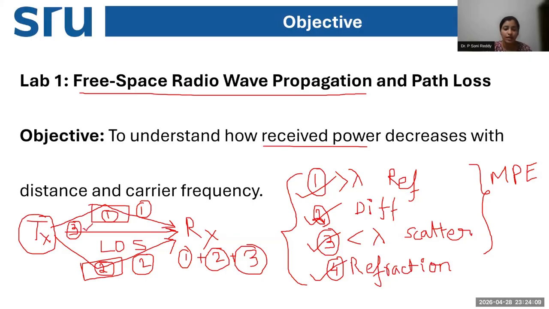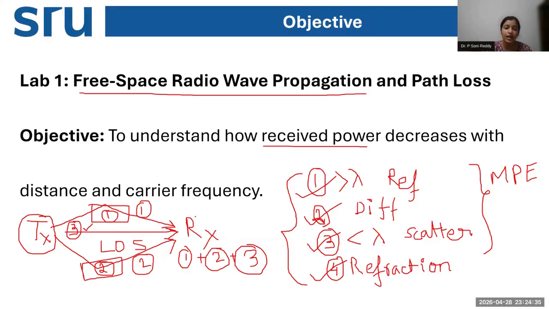Similarly, the second signal that is coming by multiple reflection, scattering and diffraction travels a distance that is more compared to the direct path. So the time taken by this signal would also be more. Now, why this difference in time taken by all the signals to reach the receiver? This is because of these factors that I've already mentioned in my previous lecture.